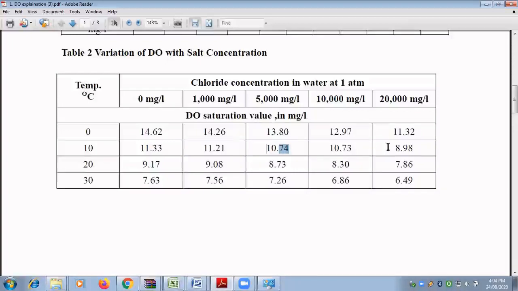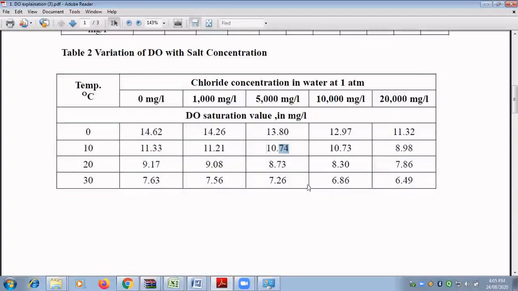When it is getting dissolved, it will be reacting with the dissolved oxygen present in the water. So it will be utilizing the dissolved oxygen, and the quantity of the dissolved oxygen in the water will get reduced. So the higher the chloride concentration, the more dissolved oxygen utilization, and as there is utilization of this dissolved oxygen, the DO saturation value, or the DO value of that water, will get changed, right?